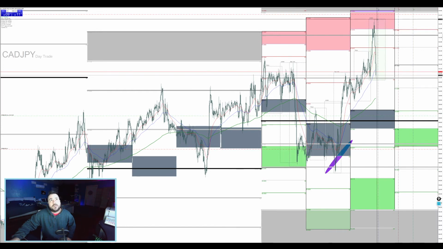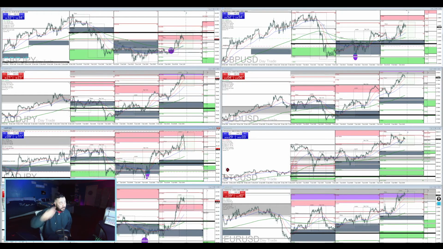From the wick to the weekly take profit is 3.7 pips. So the decision is whether or not to call it hitting the target, the weekly target, and not trading it anymore.